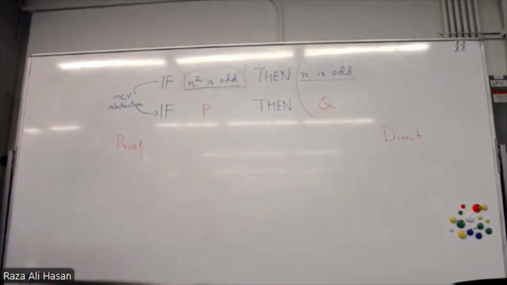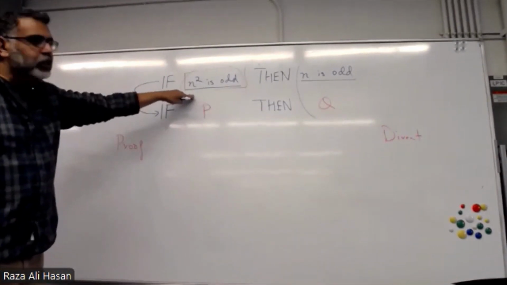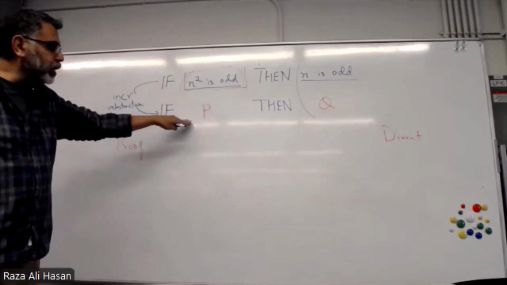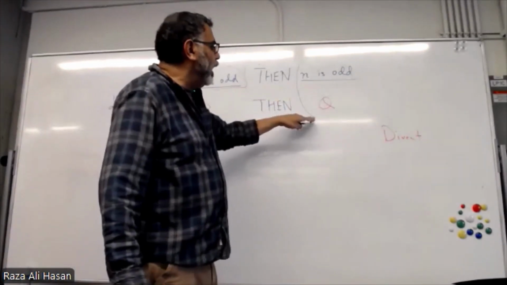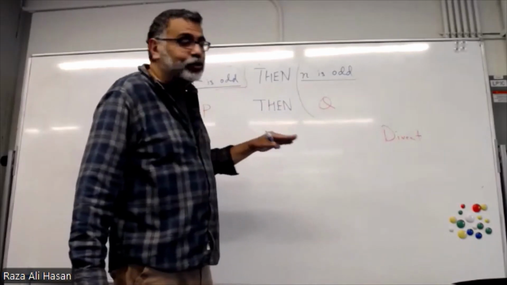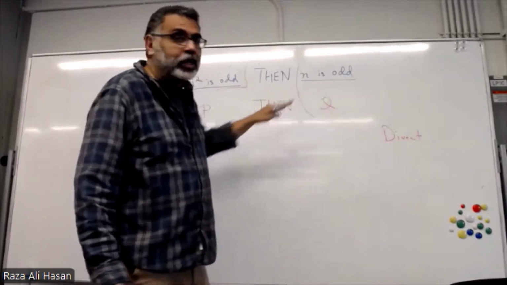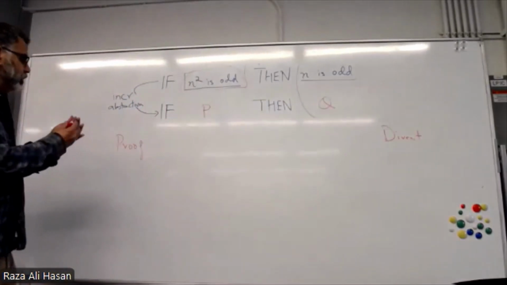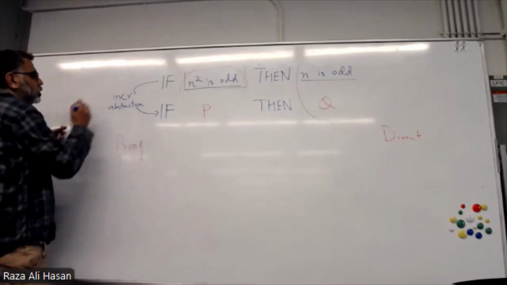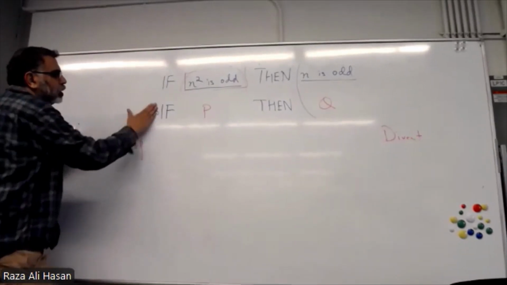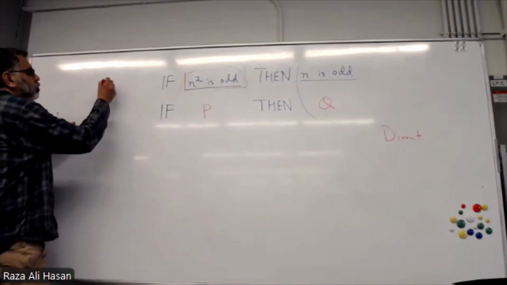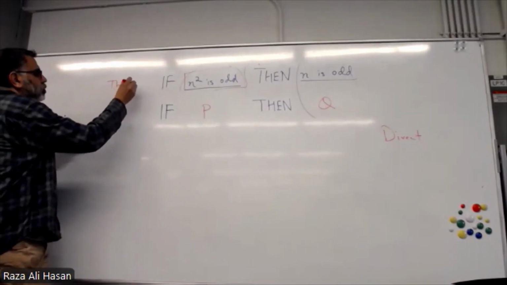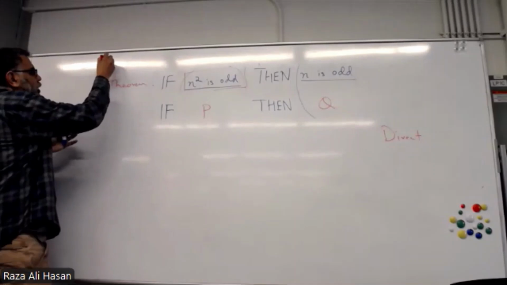No, we're doing a direct proof. And in a direct proof, what do we do? We assume the antecedent, the P, to be true, and when we start the proof, we don't know if this is true or not. So the initial conditions are, so let's call this theorem, the initial conditions.